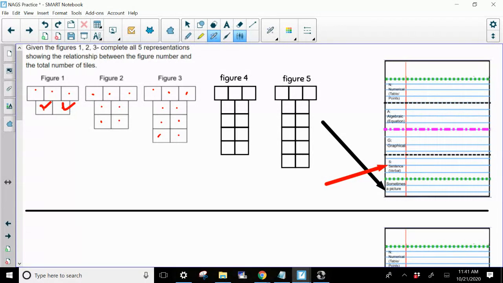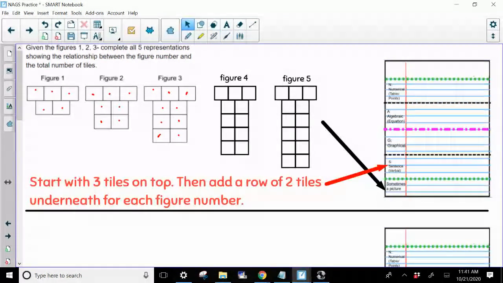So figure 1, there's 1 row of 2 tiles underneath. For figure 2, there's 2 rows of tiles underneath. For figure 3, there's 3 rows of tiles underneath. And we're going to want to write that in sentence form. So you start with 3 tiles on top, then add a row of 2 tiles underneath for each figure number. So right then and there, we were able to do the bottom 2 portions of our NAGS, and we will keep moving forward.